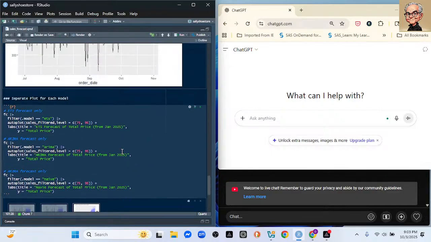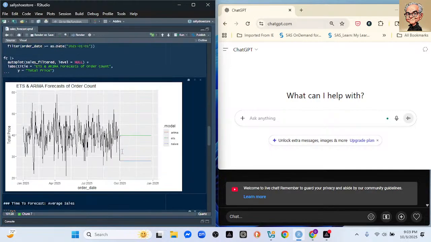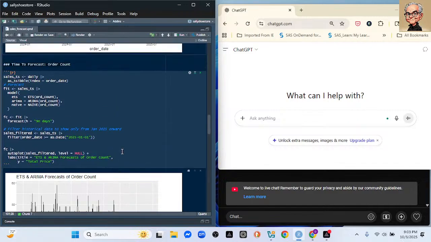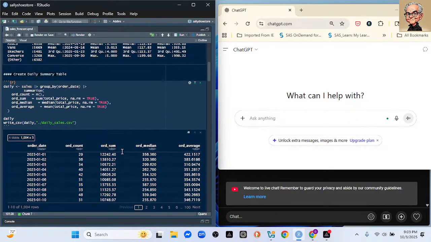So what we want to do is try to reduce the data down to daily or weekly and monthly.